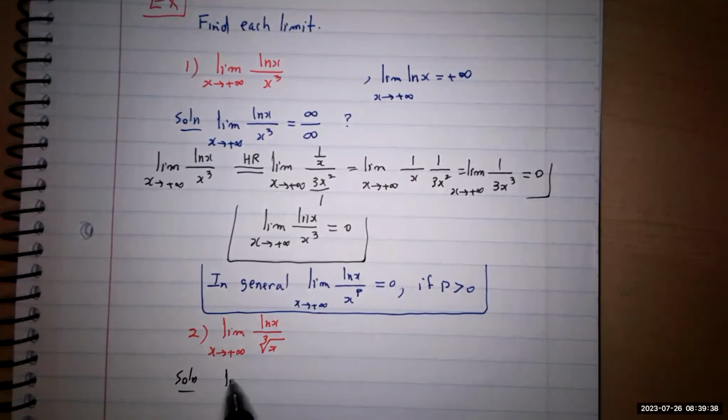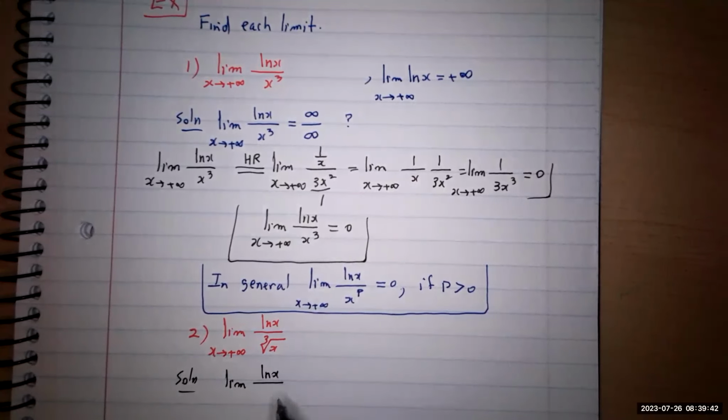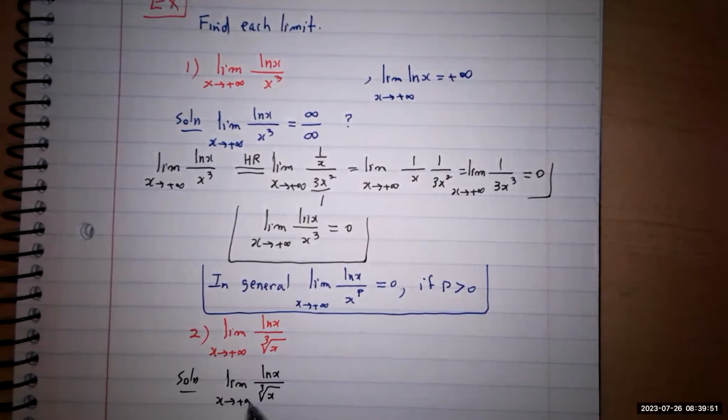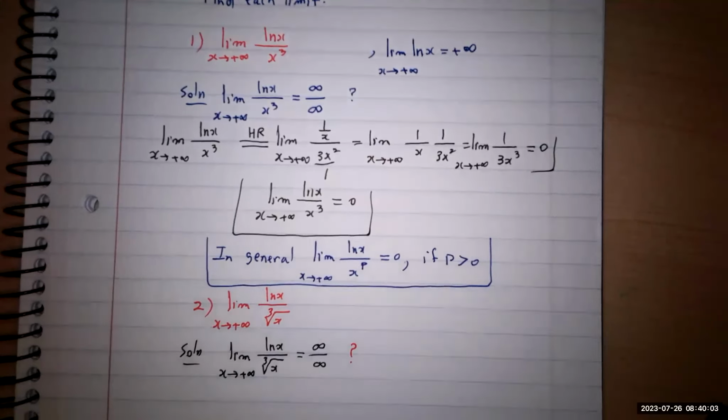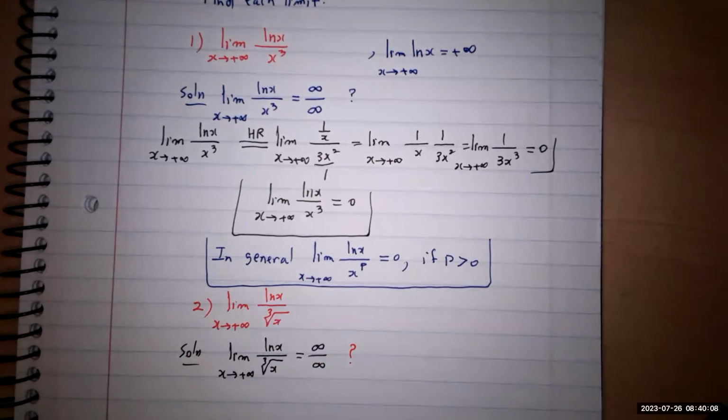So the limit of ln x over cube root of x when x goes to positive infinity. Again, the limit of ln x is infinity, and the limit of the cube root of x would be infinity. So infinity over infinity, this means we have an indeterminate form. So apply the L'Hopital rule.